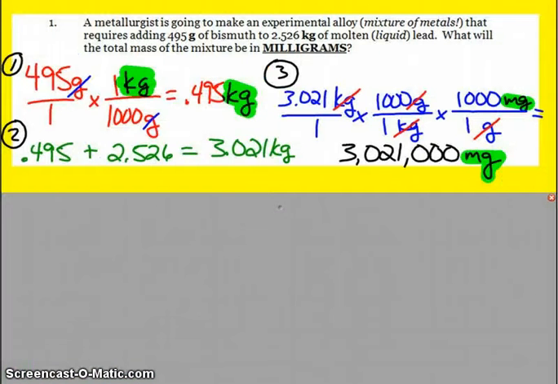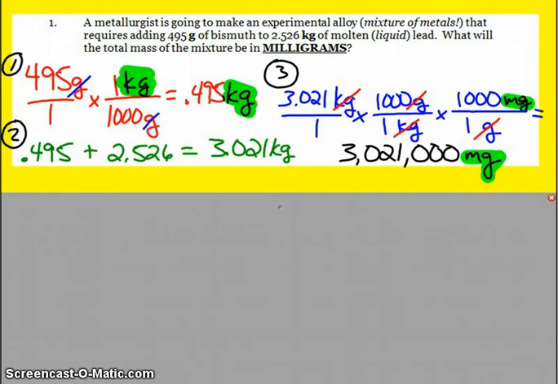The word problems with the conversions, I just want to show you that you can solve these problems more than one way. In this example, number 1, I took the 495 grams of bismuth, changed it to kilograms, and then I added that to the kilograms of lead, and then I converted that into the milligrams.